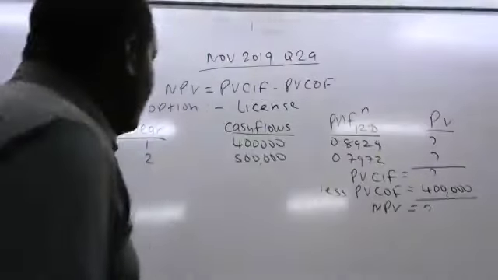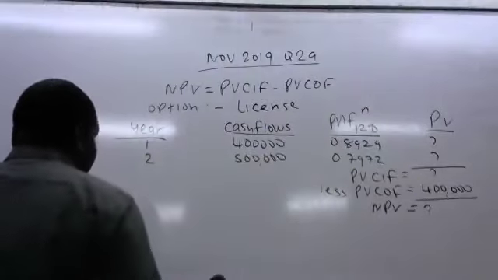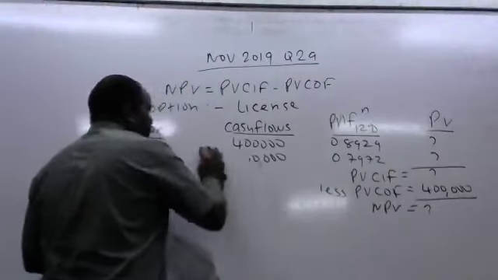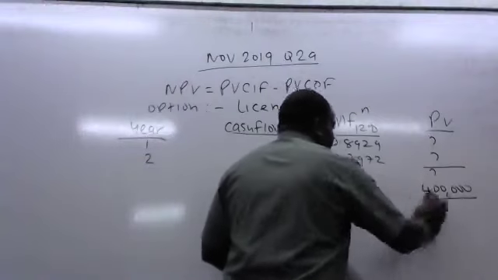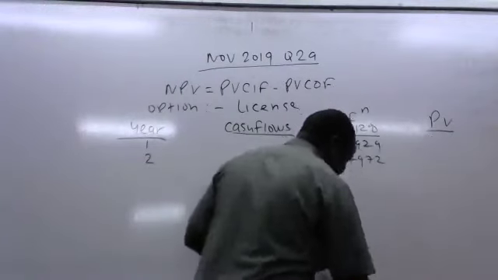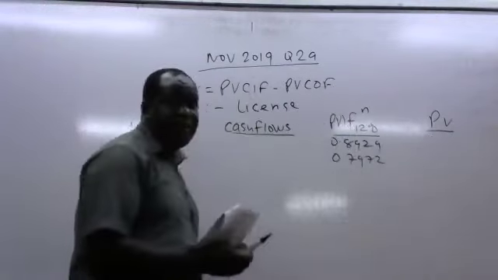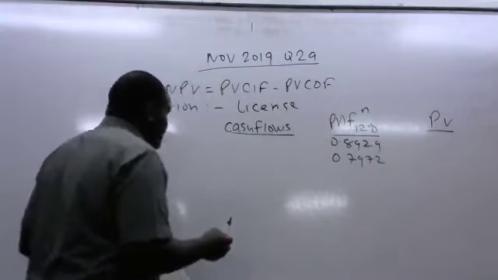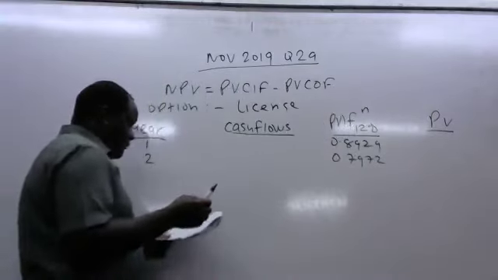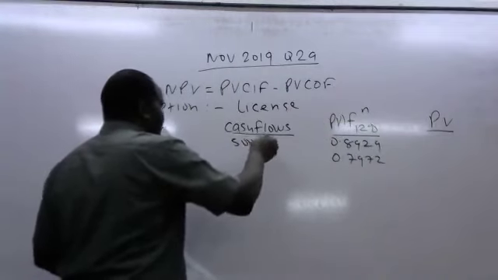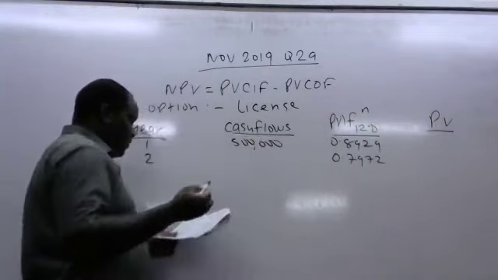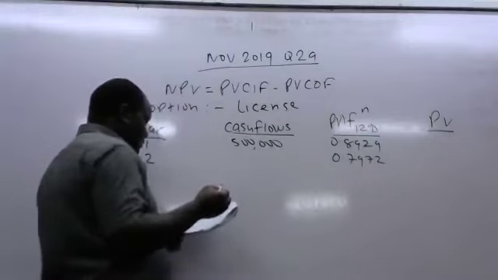This one has got 5 years, whereby year 1 cash flows are 500,000. Year 2 is 200,000.